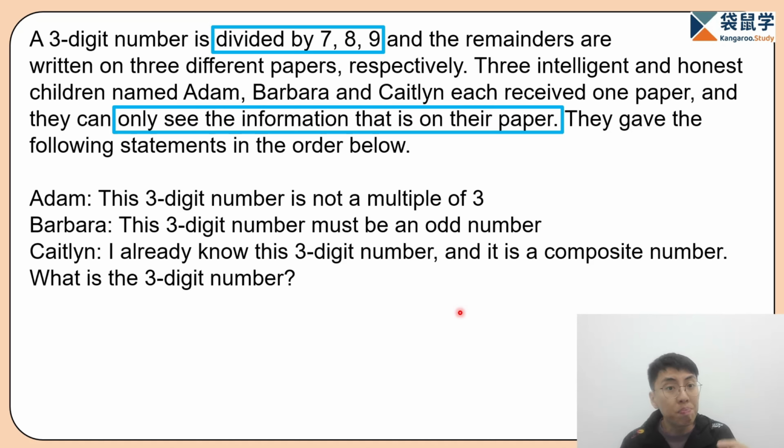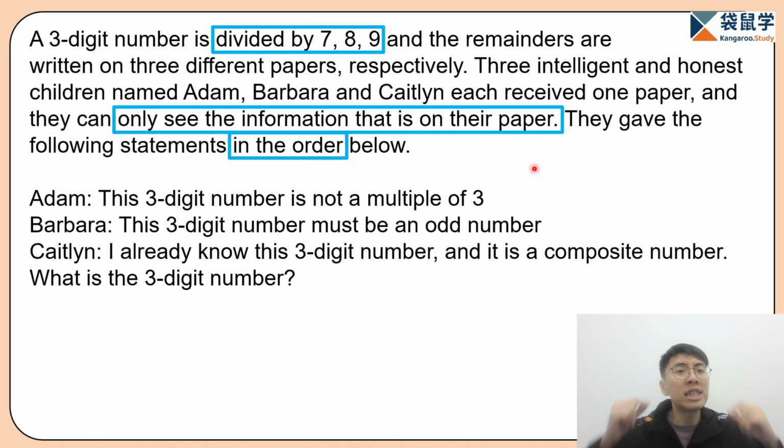And lastly, they gave the statements in order, that means starting from Adam, then Barbara, and lastly Caitlyn. So with that in mind, let's take a look at each of these statements.